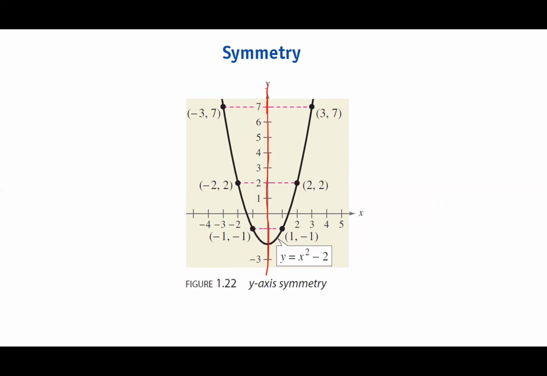Notice if I have y-axis symmetry, the y's are exactly the same. The x's are different. So for y-axis symmetry, the x's could be different, the y's are still the same, and vice versa if you change it the other way.